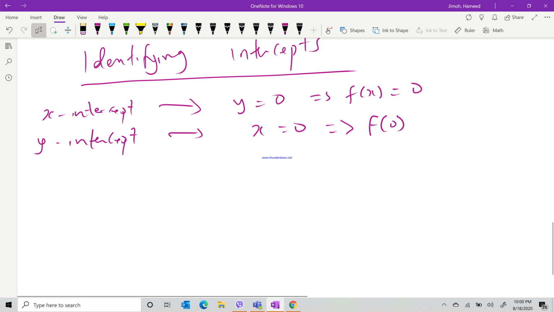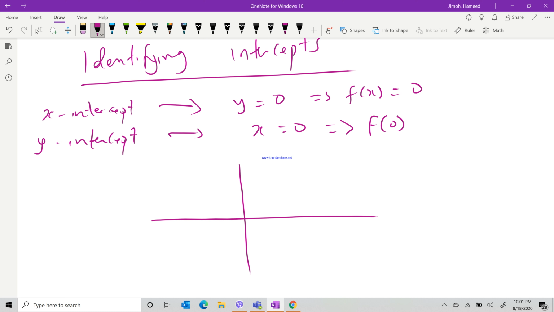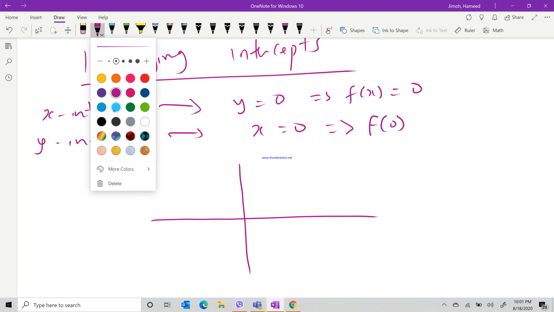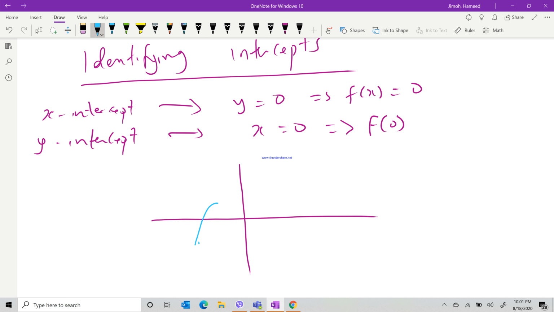But suppose you have a graph. If you want to get the intercept, all you need to do is check where this graph cuts across the axis. For example, let's say you have this. So this graph cuts the x-axis at this point and this point.